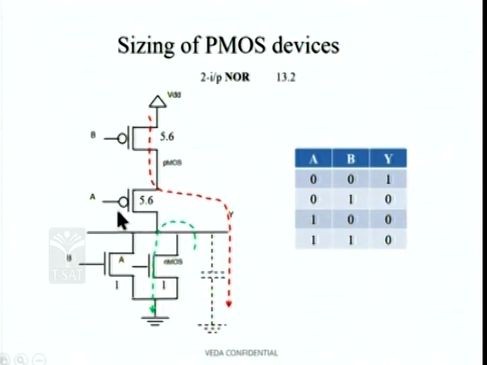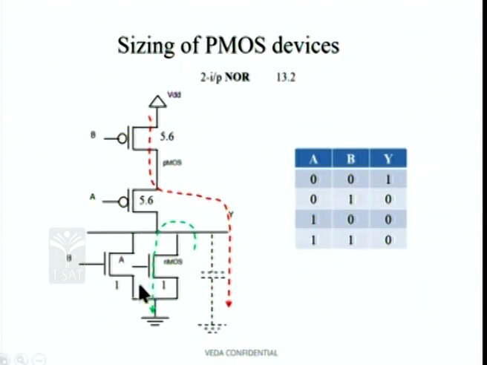Therefore, we size this to 5.6, and this is also sized to 5.6, so that this becomes Rp by 2, this becomes Rp by 2, this combination becomes Rp, and the charging path has got a resistance of Rp, and the discharge path has got a resistance of Rn, and because Rp is equal to Rn, due to the fact that the Rp is that of a PMOS transistor whose width is 2.8 times. That is why we get Rp equal to Rn.